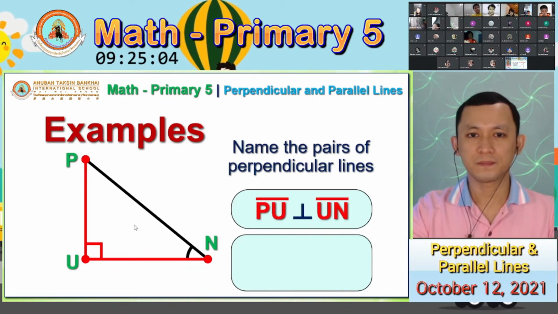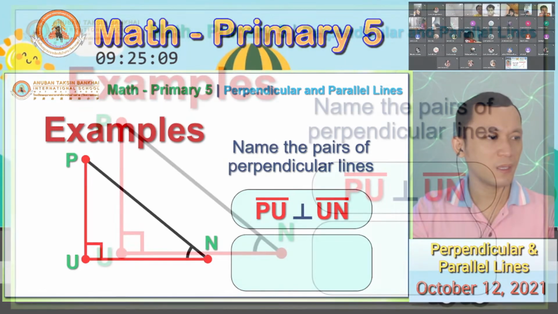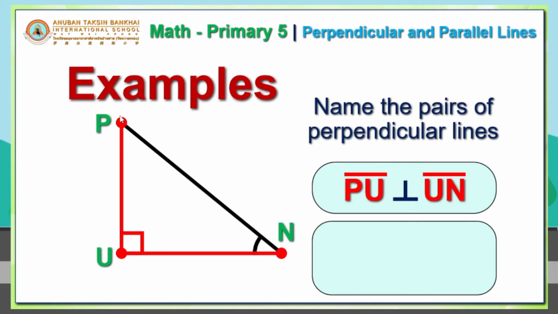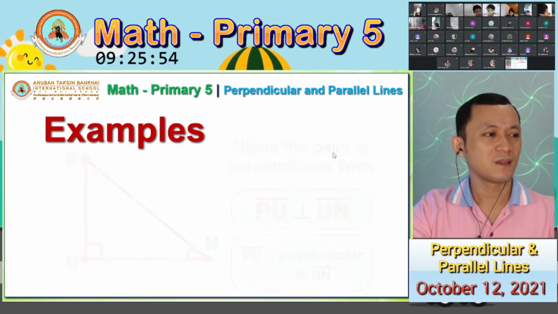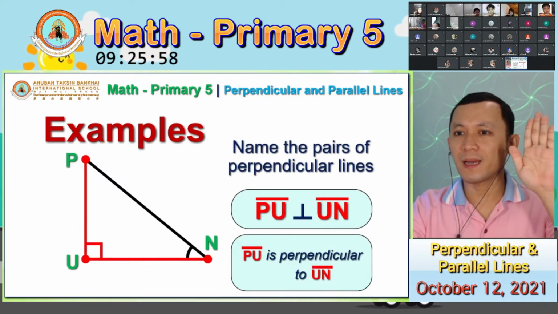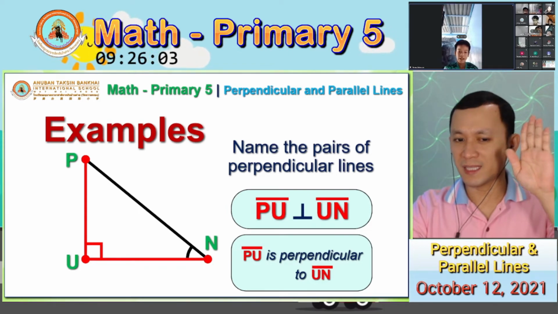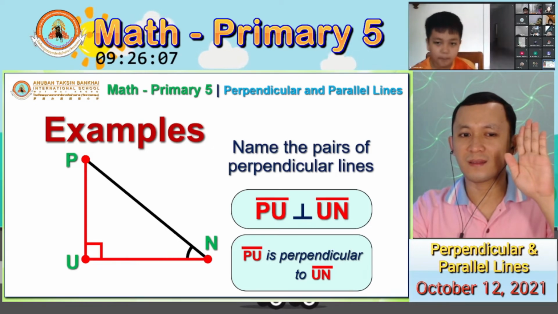Can you see the red line? So you can see here that this line PU, or UP, is perpendicular to UN, or NU. Look at the symbol. So line segment PU is perpendicular to line segment UN. How do we write it? Same as before: line segment PU is perpendicular to line segment UN. Watch the spelling, because wrong spelling loses 20 points.